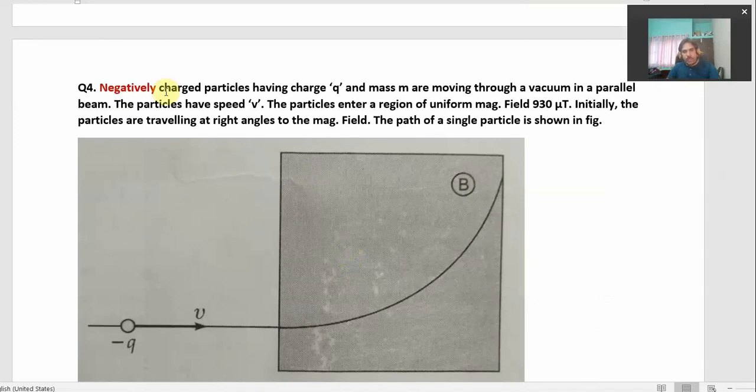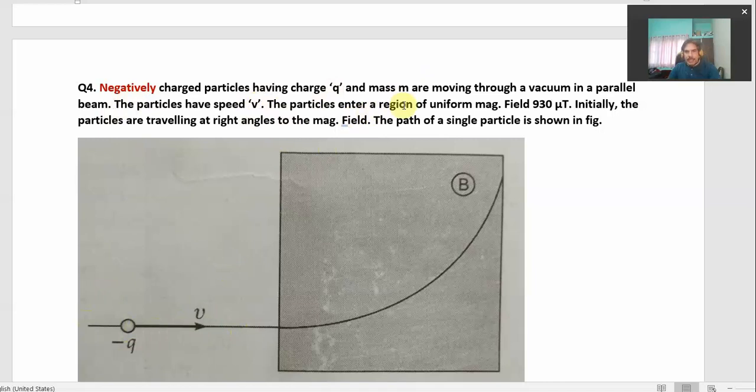Okay, so the question is: negatively charged particles having charge q and mass m are moving through a vacuum in a parallel beam. The particles have velocity v.